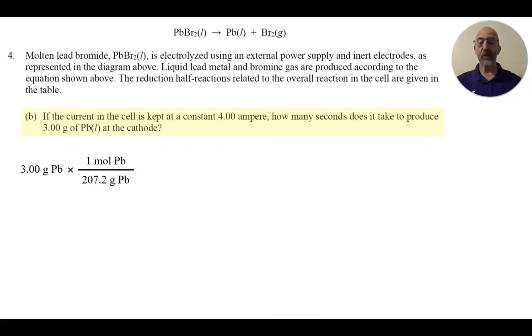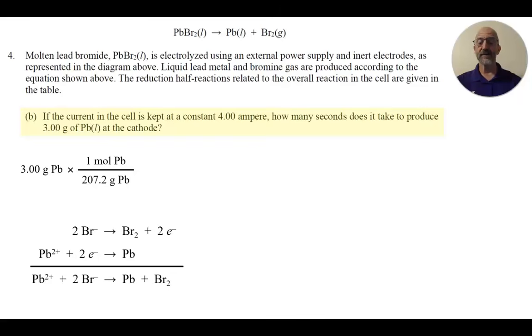I'll remind you that we had 2 electrons that were lost in the bromine half reaction, and 2 electrons that were gained in the lead half reaction. So for every 1 mole of lead that is produced in this overall balanced equation, there are 2 moles of electrons. So my next conversion factor looks like this: 2 moles of electrons on the top and 1 mole of lead on the bottom.